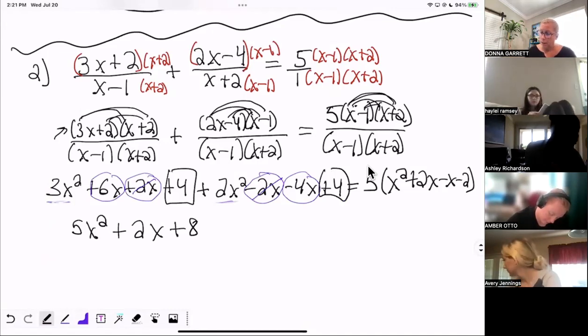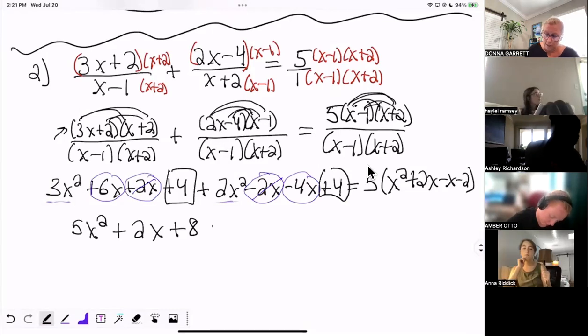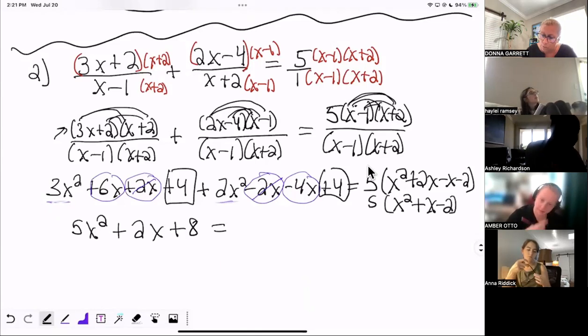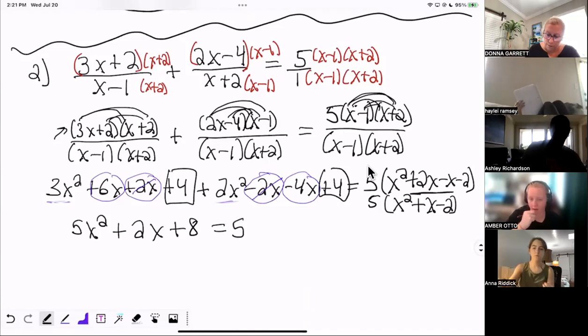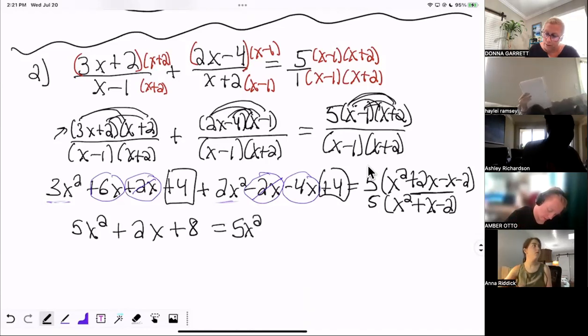All right, now I'm going to do the other side. I think right here, I'm going to combine this real quick. x squared plus x minus 2, and then I'm going to multiply by 5. So I just combined like terms first. Now we can distribute: 5x squared plus 5x minus 10.